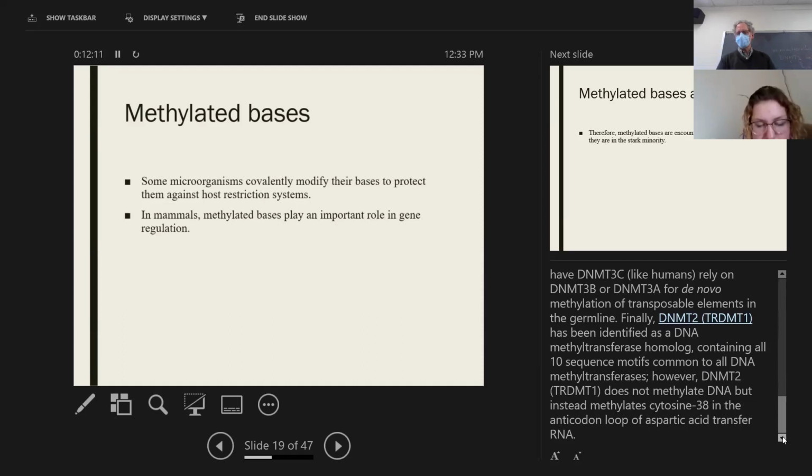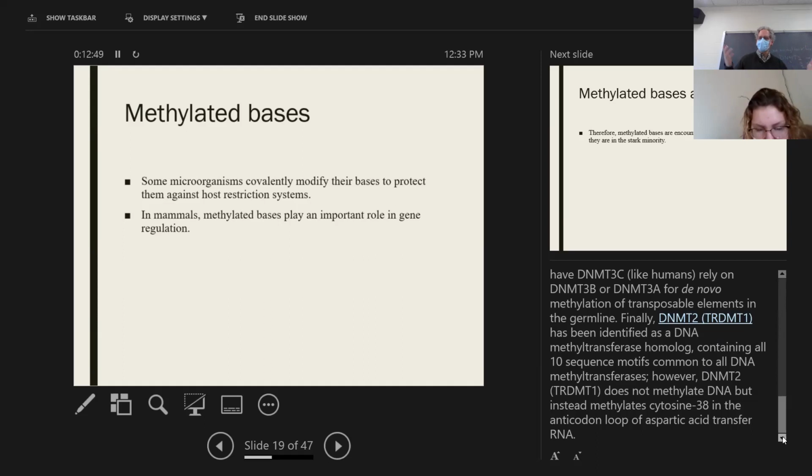Sometimes those patterns can be involved in tissue-specific patterns of DNA methylation. The DNA methyltransferase 2s are a very odd bunch because they look exactly like a DNA methyltransferase, but it turns out that they methylate tRNAs.